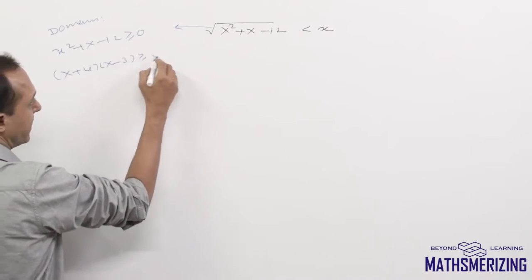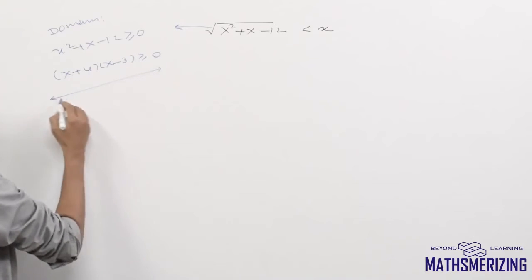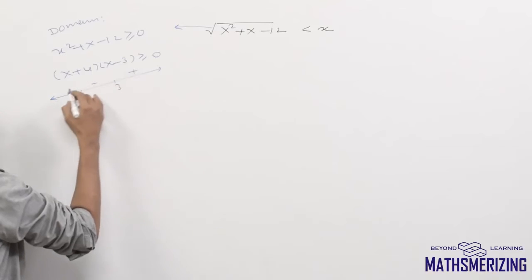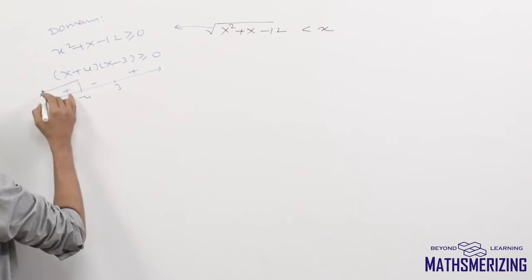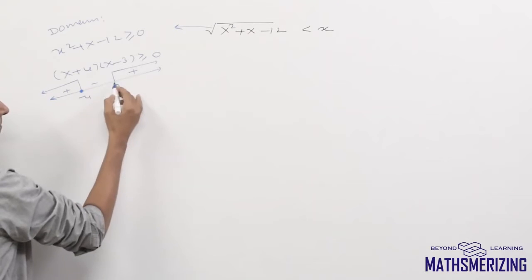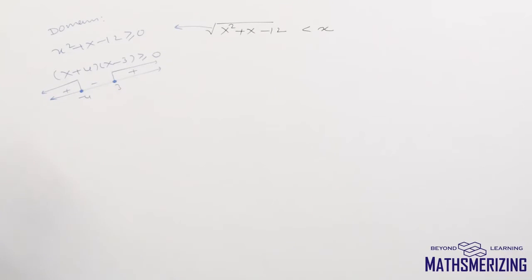So x plus 4, x minus 3 is greater than or equal to 0. Minus 4 and 3, plus minus and plus, so x is less than minus 4 or greater than 3. So the domain of this function is either x less than or equal to minus 4 or x greater than or equal to 3.